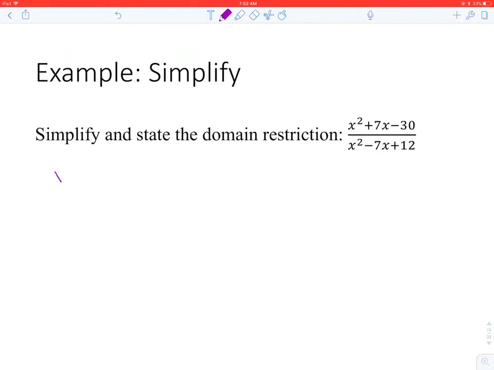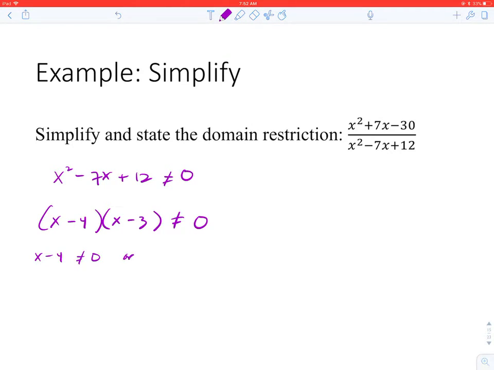Okay, so domain restrictions first. X squared minus 7x plus 12 cannot be equal to 0. Okay, so x minus 4 times x minus 3 is what that factors to. So x minus 4 is not equal to 0, or x minus 3 is not equal to 0.